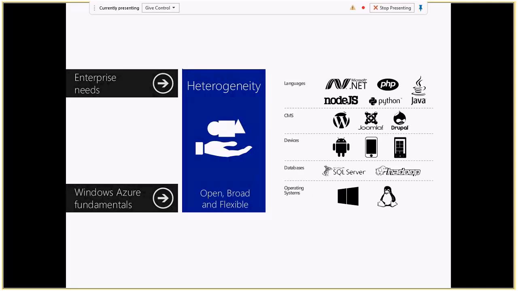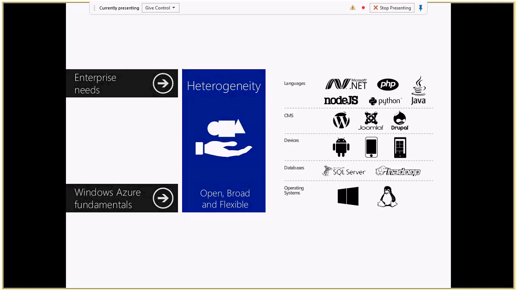That app is actually running within Windows Azure, and that data is actually housed in Windows Azure. So whether you have Android, iOS, or even Windows phones, all of that can be natively supported while the application development is going on within Windows Azure.